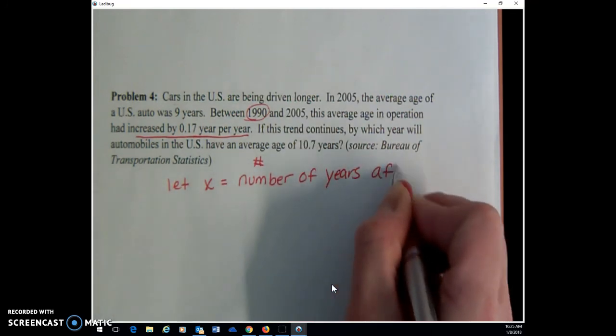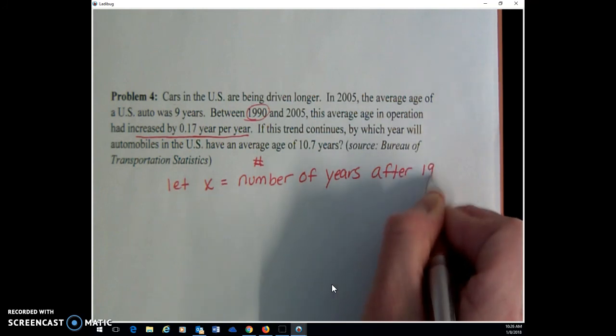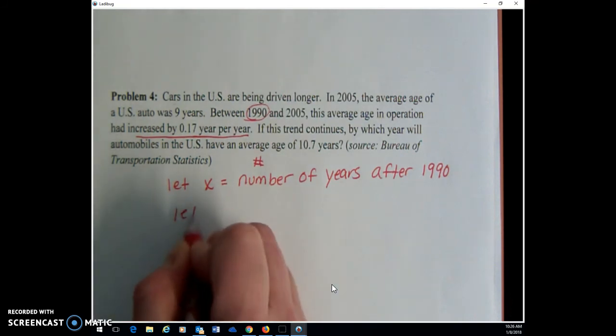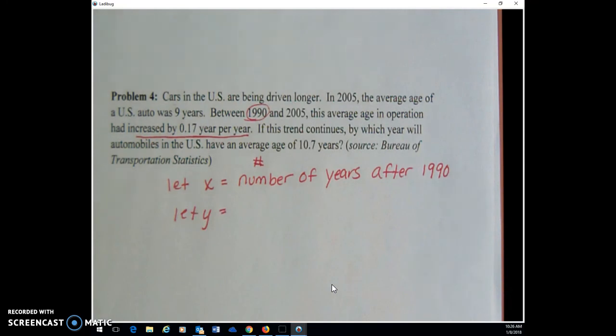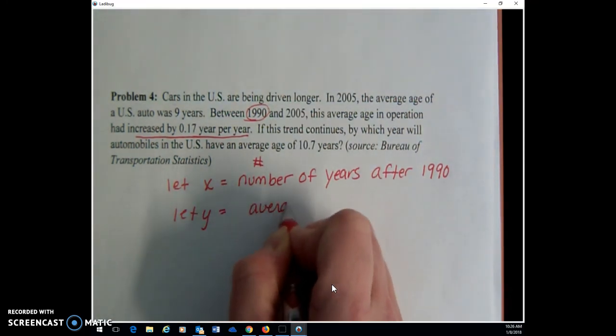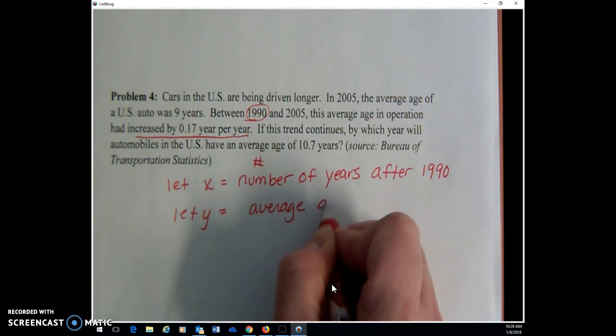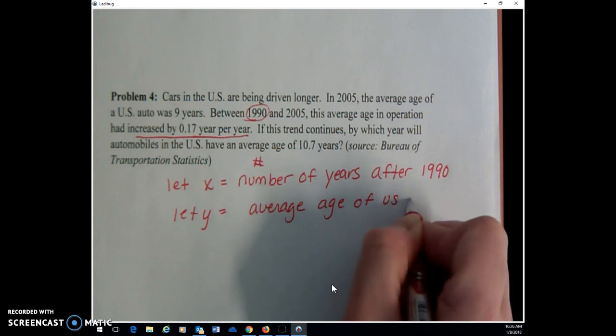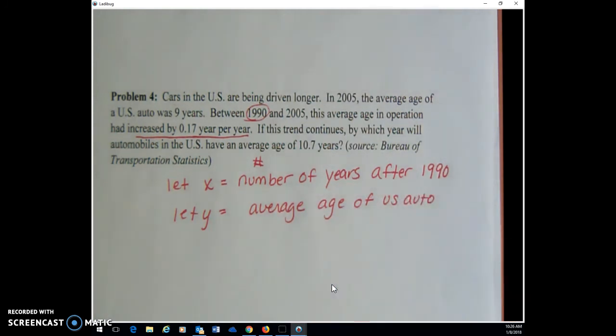After 1990, we're going to let Y equal the average age that corresponds with the X we're concerned with, of the U.S. auto.